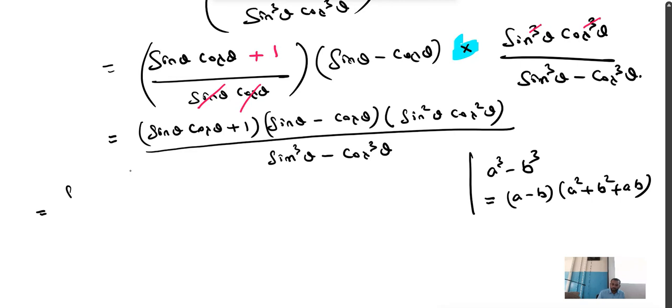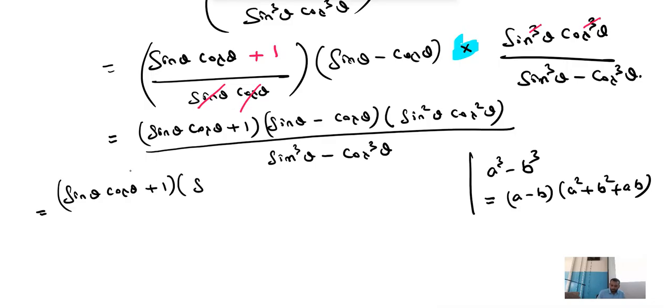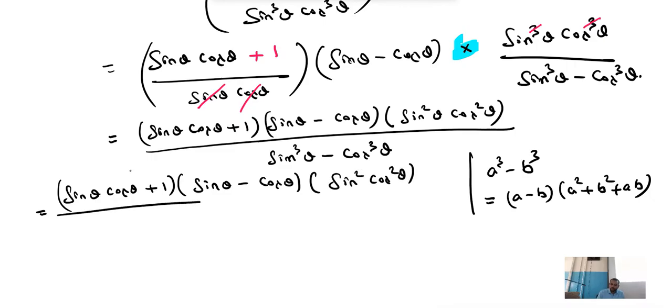Numerator as it is. Sin theta into cos theta plus 1 into sin theta minus cos theta into sin square theta into cos square theta, divided by sin cube theta minus cos cube theta. A is sin theta, b is cos theta.